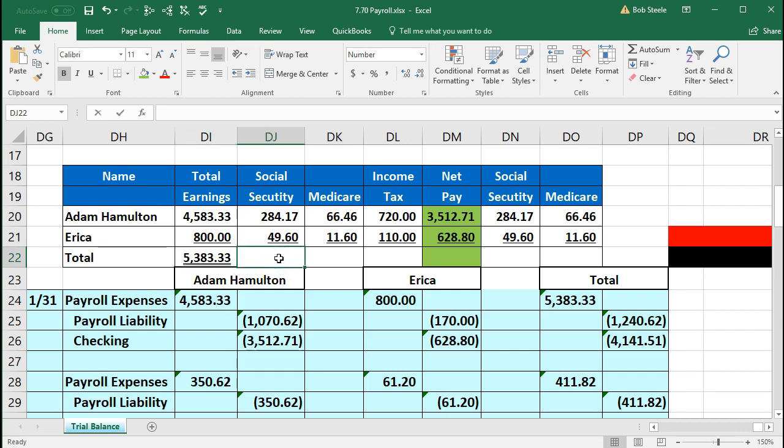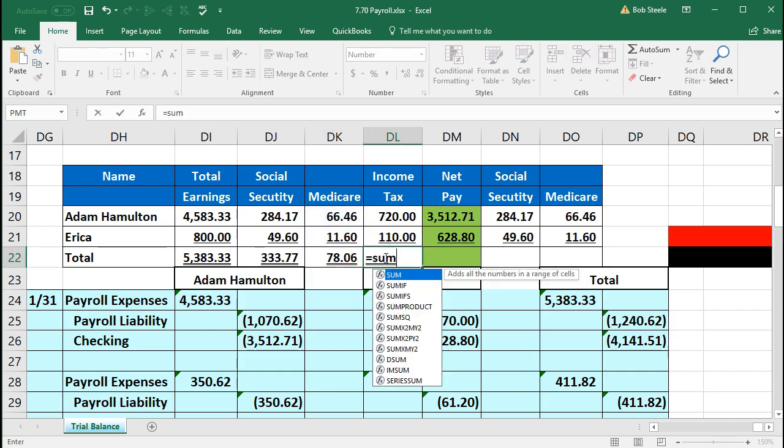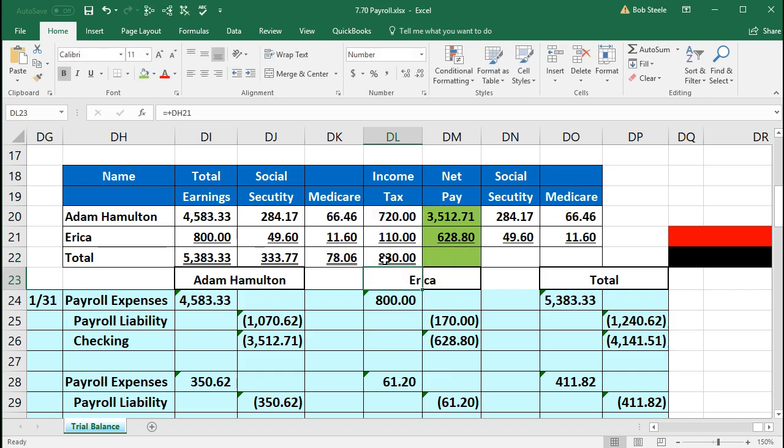The Social Security that we're going to take from them totals the $333.77. The Medicare totals the $78.06, and the income tax totals the $830.